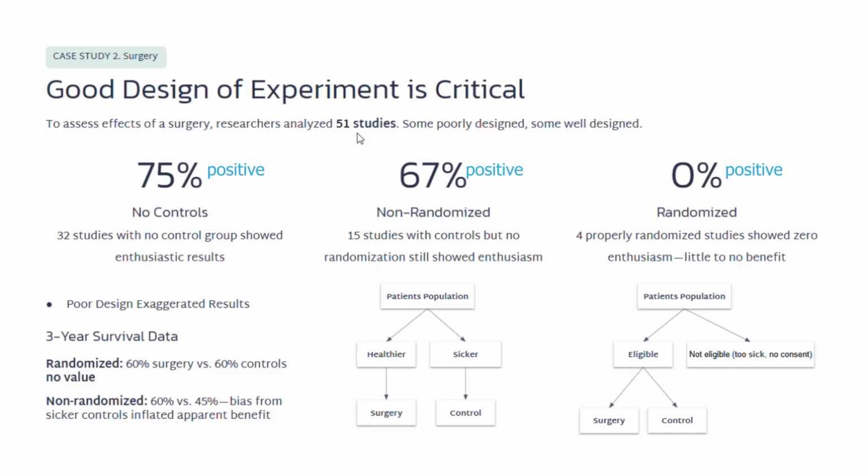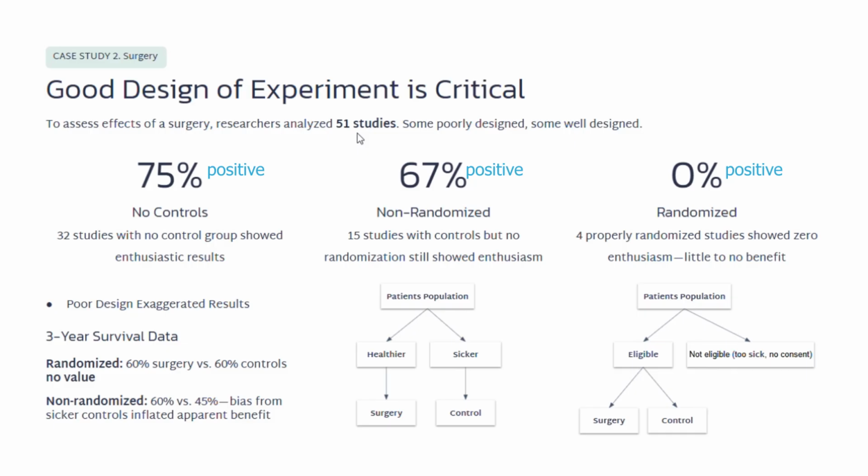Okay, so it looked to them that the surgery was effective, but this was bias at work in favor of the surgery, because the sicker patients in the non-randomized case were put in the control group. And when you put the sicker patients in the control group, obviously the 3-year survival is comparably less compared to the treatment group.